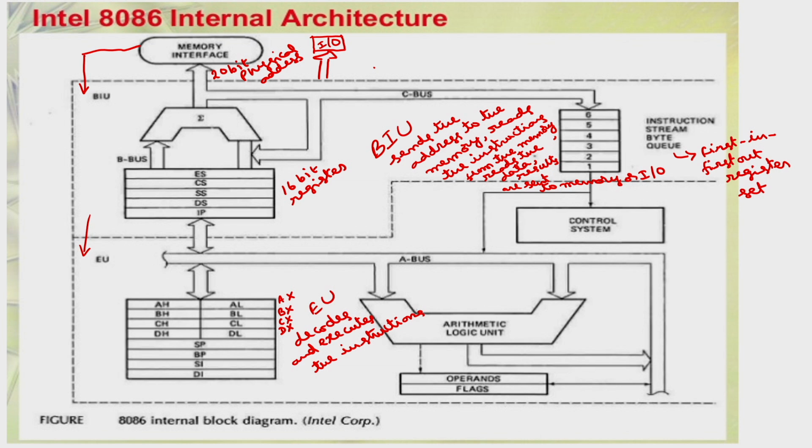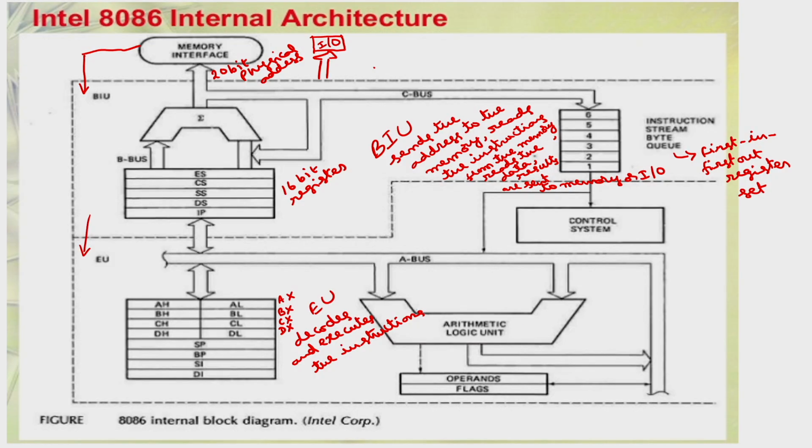Then the arithmetic logic unit performs all arithmetic and logical operations. The size of the ALU is here 16-bit, because this is a 16-bit microprocessor. The size of the ALU decides how many bit microprocessor it is. Then we have some flags which I already explained. To compute all these operations, we require some control system.